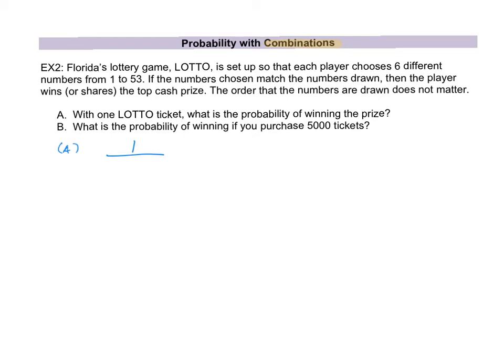Okay? Since order doesn't matter, this is a combination where out of the 53, you're choosing 6. And I hope this is right in my calculator. What I have is 1 over 22,957,480.